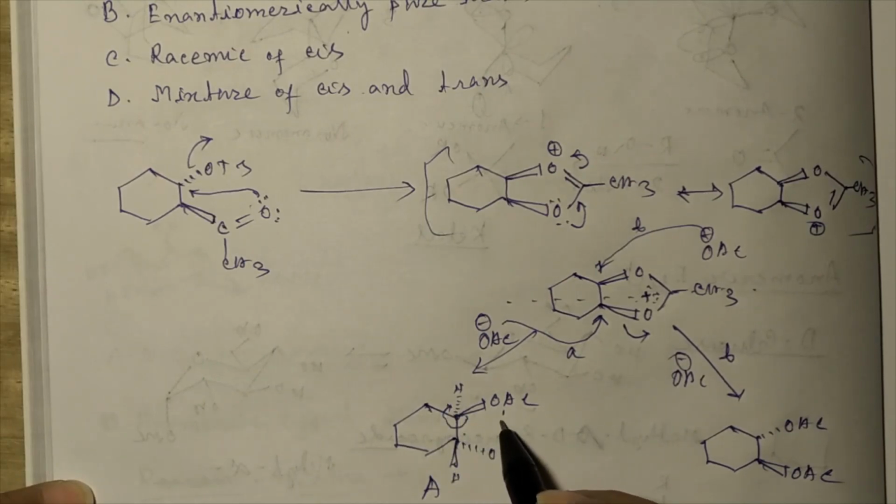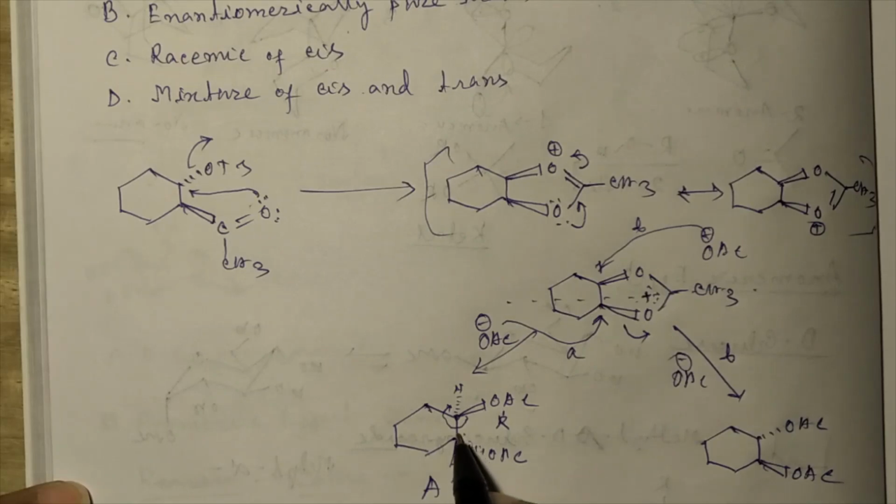Clockwise rotation means configuration R. Now in this compound, this is 1, this is 2, this is 3. Let's say this is below the plane, so the rotation is anti-clockwise, so the configuration is S, but as it is above the plane, the actual configuration is R. So this is RR.